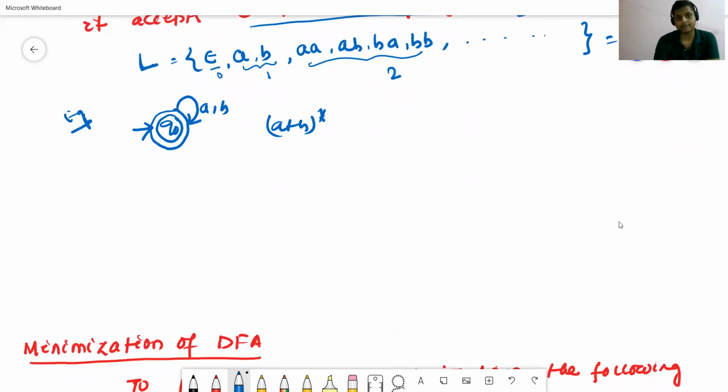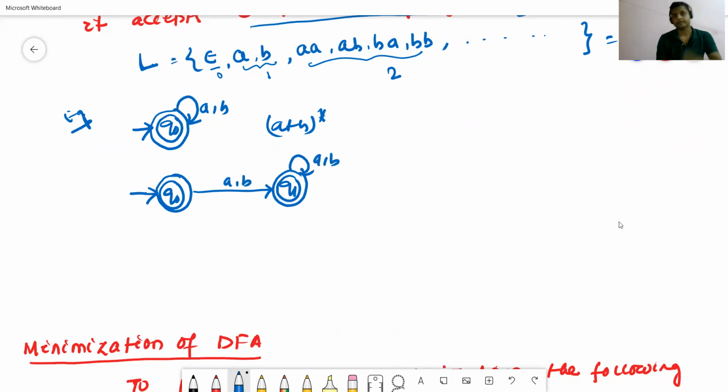One more example: Q0 and Q1, where Q0 is the final state, with A comma B transitions. In this DFA all states are final, so this DFA also accepts the complete language (A plus B) whole star.